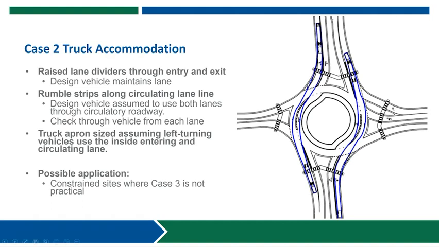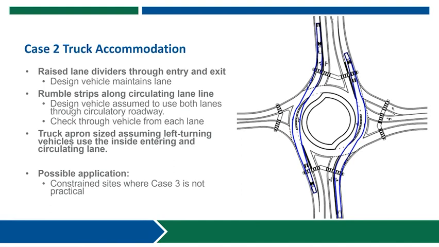Within the circulatory roadway, the lane line is striped with rumble strips typically applied. That is intended to prevent passenger cars from crossing the lane line, but it doesn't preclude a truck from doing so. So as we're having the design vehicle navigating through the intersection, if it's necessary for the design vehicle accommodation, we can assume that it may use both lanes as it goes through the intersection.